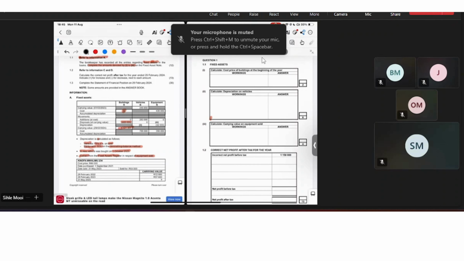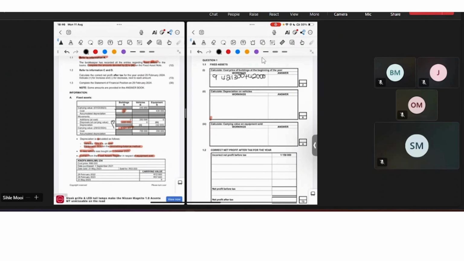So we have 9,421,300. And to get to that, we needed to minus 420,000 because that building was sold. So now if we're going backwards, we need to add to get our opening balance. We take the 9,421,300 and we add the 420,000.